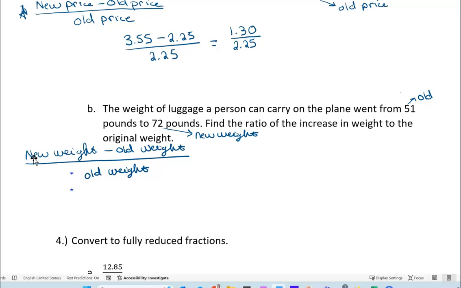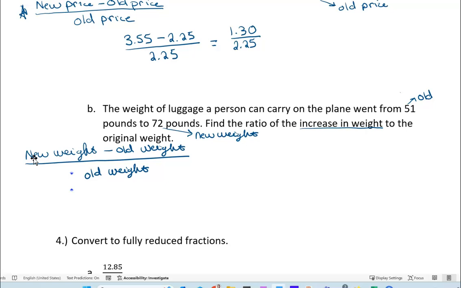So when it asks for the ratio, it says find the ratio of the increase in weight. Well, that increase we can already see by looking at the first weight versus the second. So this could be written as find the ratio of the change in weight to the original weight.